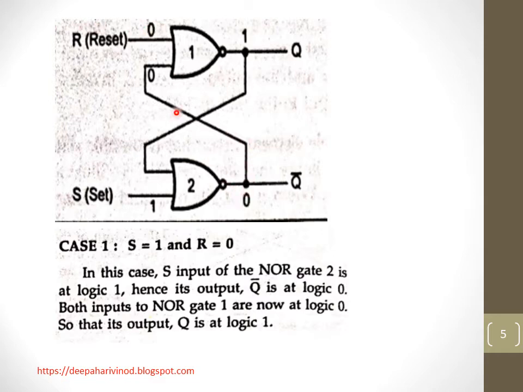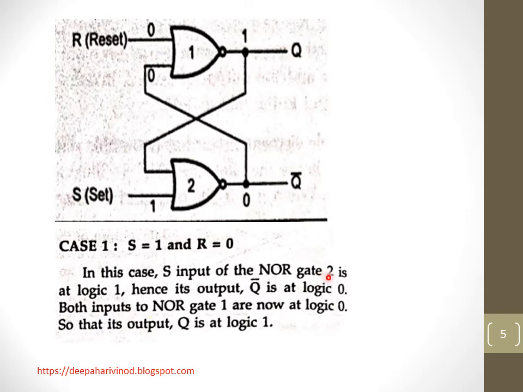This 0 is connected to the input of the first NOR, so here it will be 0, and the same way this is connected to the input of the other NOR, so here it will be 1, isn't it?